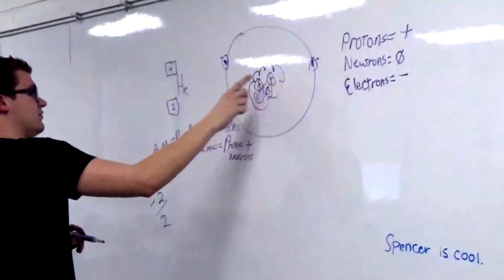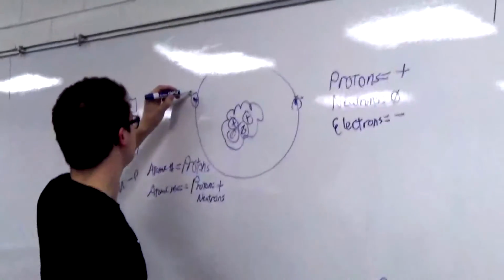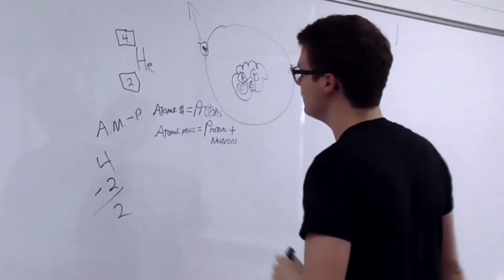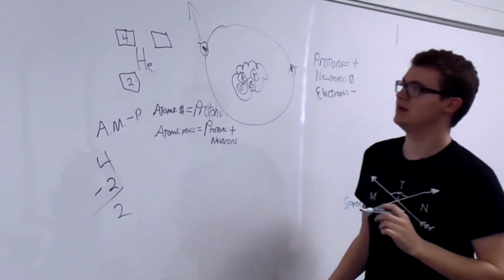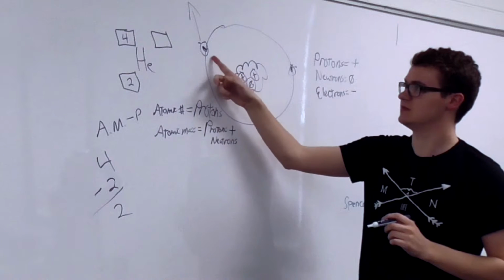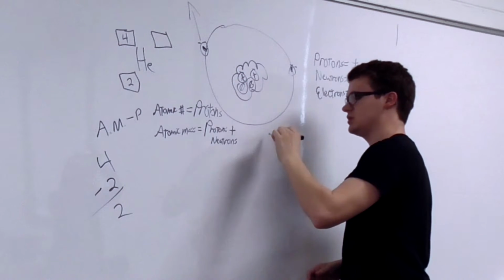If I were to have an uneven number of electrons to protons, I'm creating something called an ion. If I were to lose one of these electrons, it floats off into space, and that would be denoted right here, that we have an uneven number. And you would put up here the difference between protons and electrons. What does that mean? We have 2 protons in here right now.